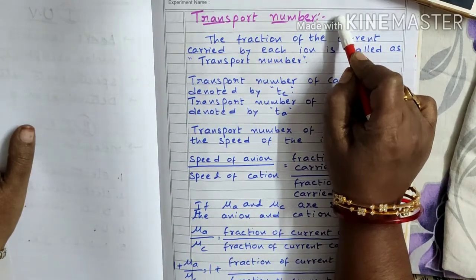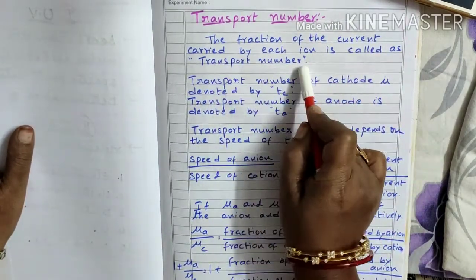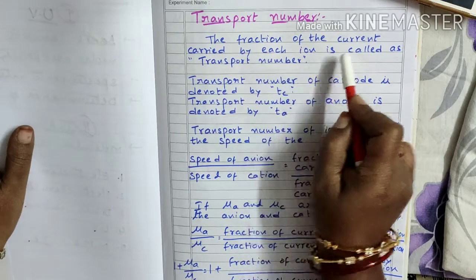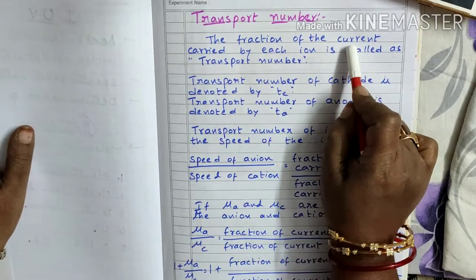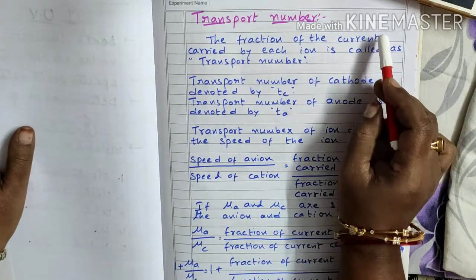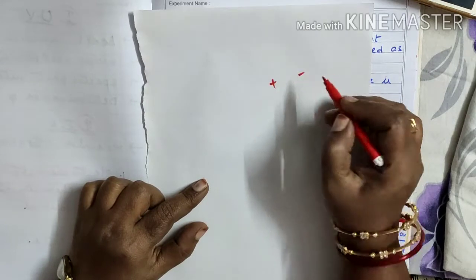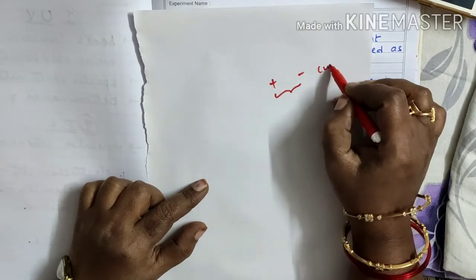So here, what is the transport number? The fraction of current carried by each ion is called the transport number. We know that current is caused by a cation and an anion, a positive charge and a negative charge. Both are responsible for the current.